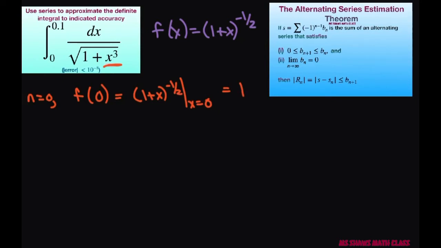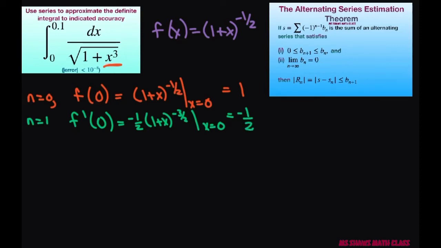All right, now for n equal 1, we're going to do the first derivative at 0, and that's going to give us negative 1/2 times (1 plus x) to the power of negative 3/2. And if we evaluate this at x equals 0, that's going to give me negative 1/2.